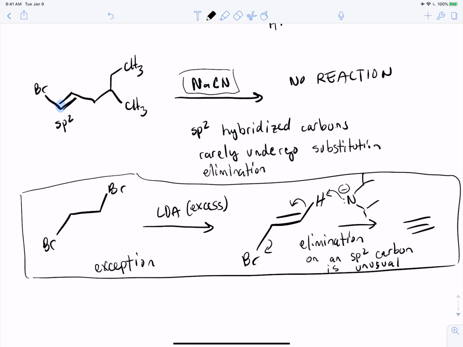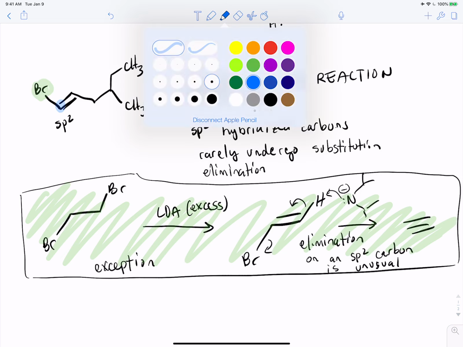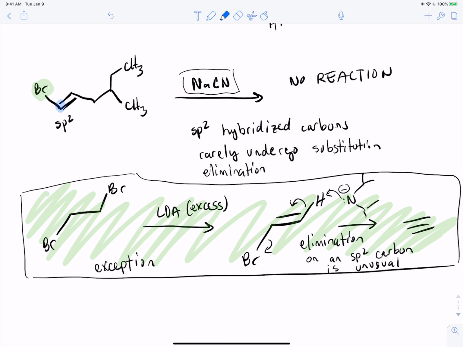And I would say, just generally speaking, with this singular exception, this is the only case where we would say that this goes through elimination in a second step. If you see something where it's a leaving group like this, and it's attached to an sp2 hybridized carbon like this, then you can just say no reaction and move on with your life.